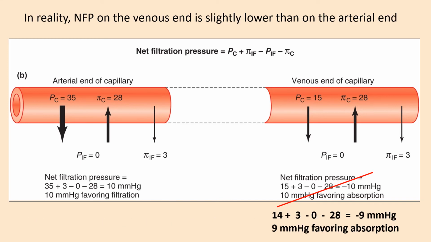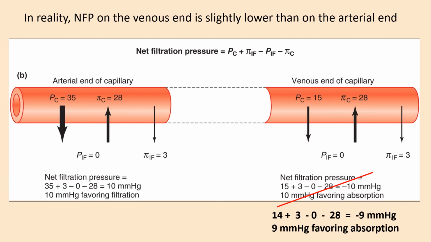Before we move over to a new diagram taken from a different textbook that uses different terminology, let me make the correction using this diagram that we've spent now a lot of time with. So notice that I've changed the values. Specifically, I've altered the hydrostatic pressure inside the capillary, P sub C, at the venule end of the capillary.